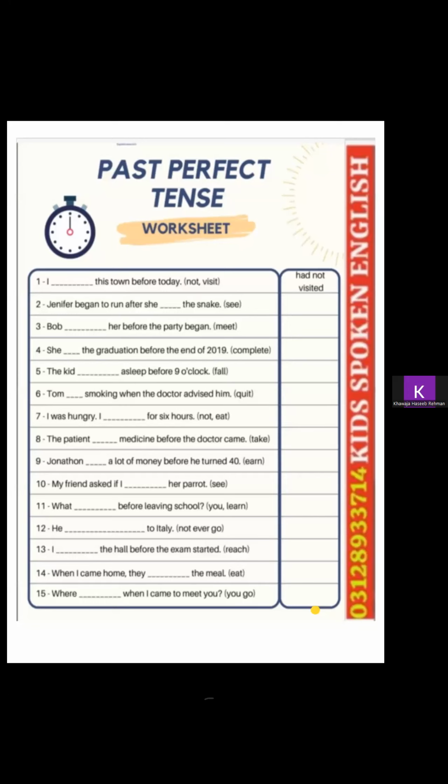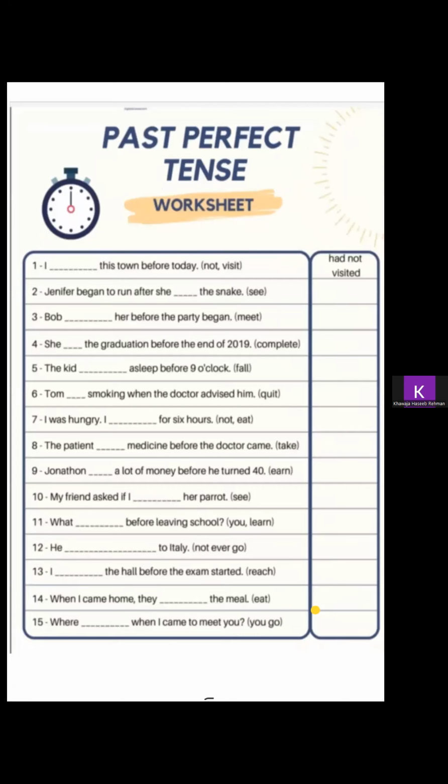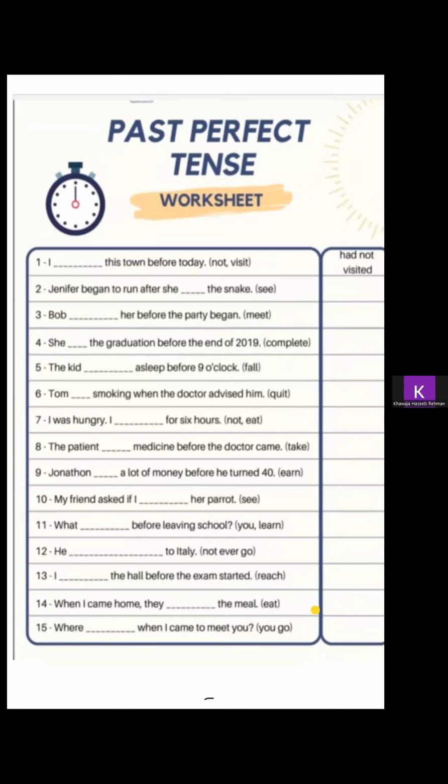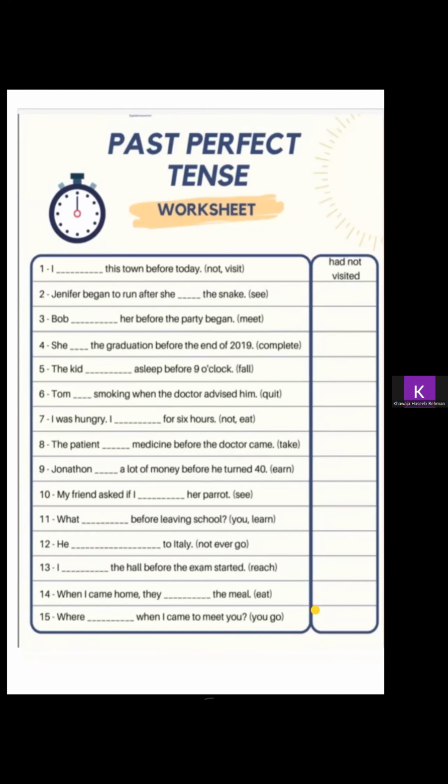So, Muhammad Umar, make sentence number 2. Jennifer began to run after she dash the snake. See is written here. You have to put helping word with see. Jennifer began to run after she had seen the snake. Perfect. Really well done, Muhammad Umar.